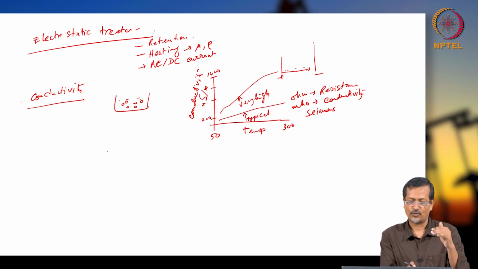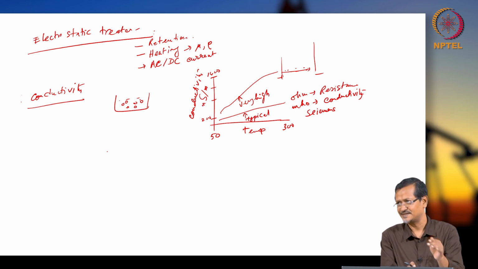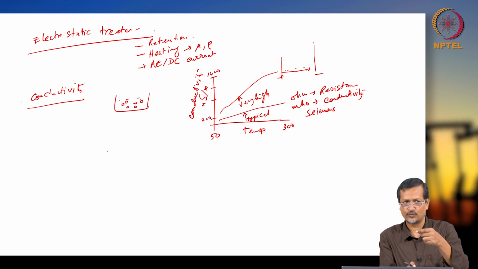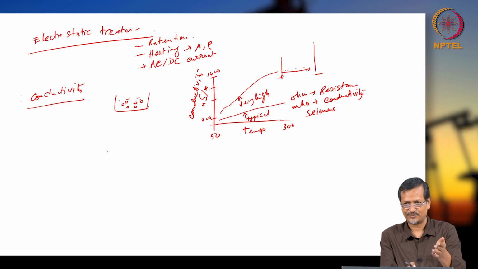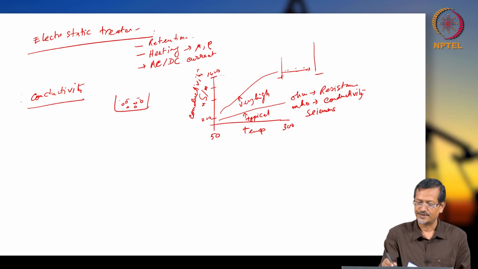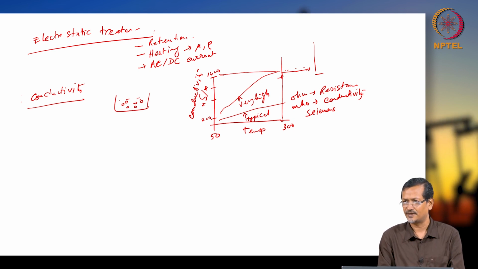So if you have low conductivity oil, that is very good, but if you increase temperature, in some cases ions will be created and the crude oil becomes more conductive, so that will create low performance. You can remember this typical curve. With temperature, in some cases it can be very highly conductive oil.